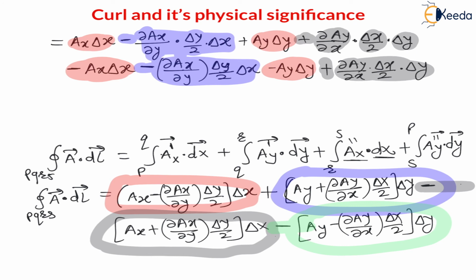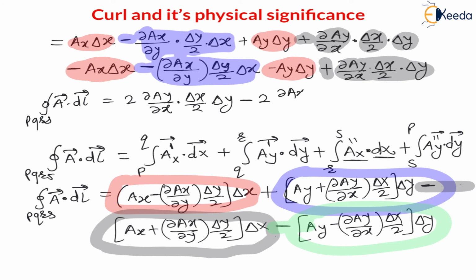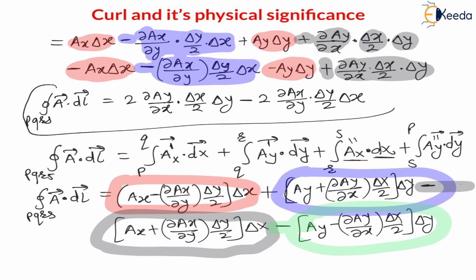Therefore, here we will get the cyclic integral of vector A dot dl, that is the line integral PQRS, which is also called circulation, will be equal to, see, twice dou ay by dou x into del x by 2 del y minus twice dou ax by dou y into del y by 2 del x. This is very important. This is the circulation, very very important.